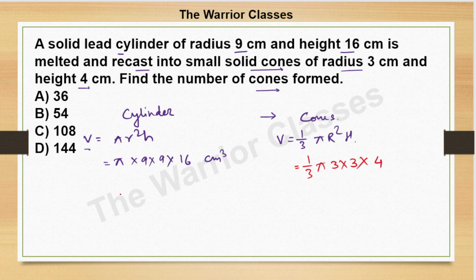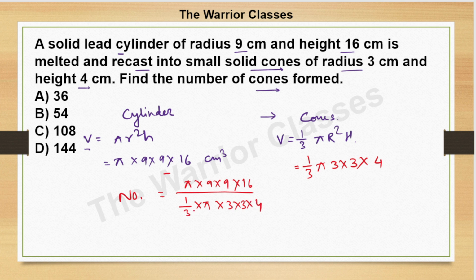Now for calculating the number, we will divide the volume of the cylinder, pi multiplied by 9 multiplied by 9 multiplied by 16, by the volume of the cone, 1 by 3 multiplied by pi, multiplied by 3 multiplied by 3 and 4.